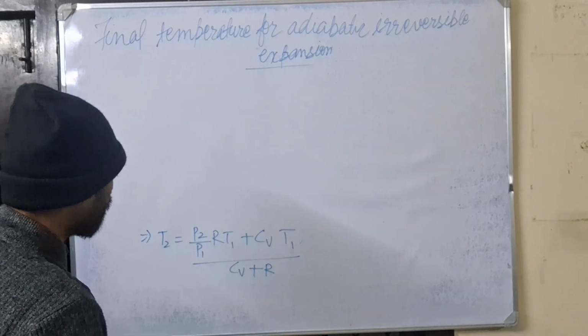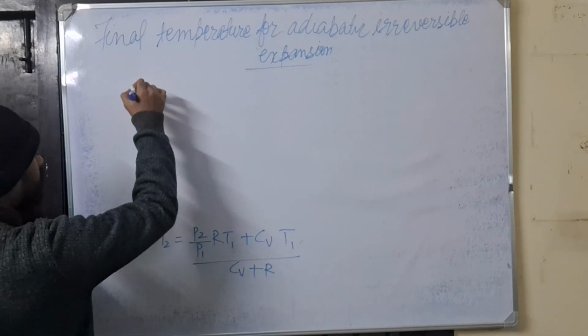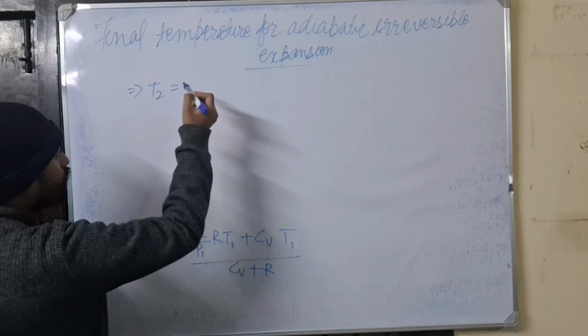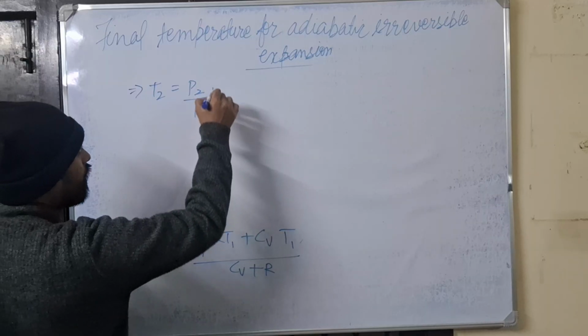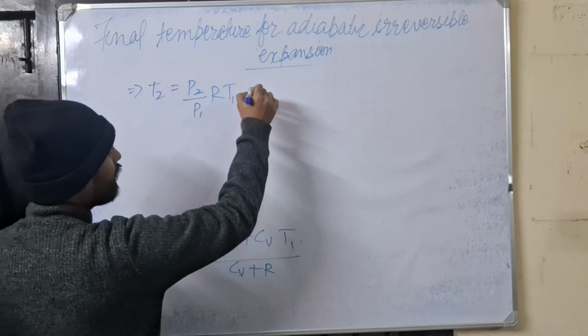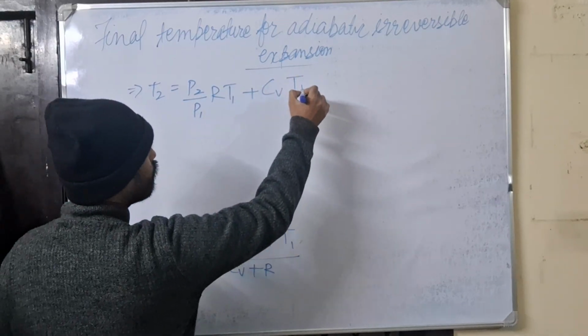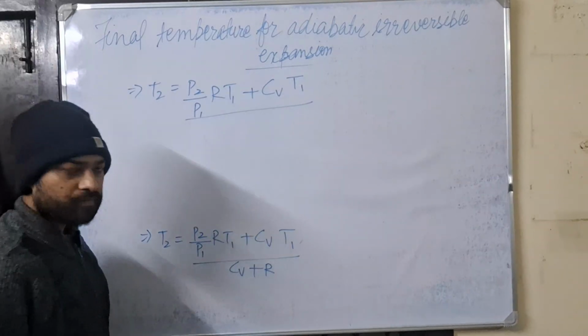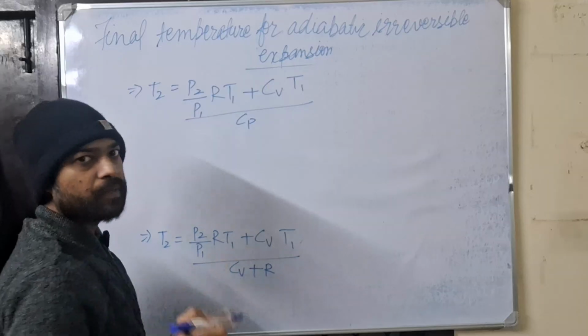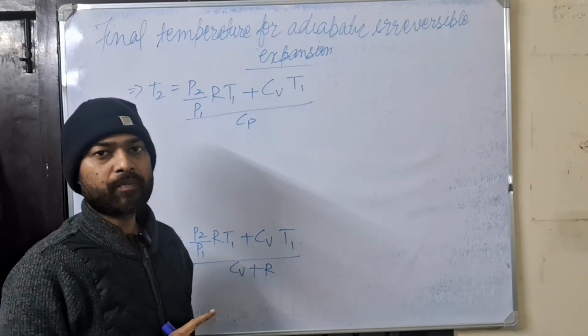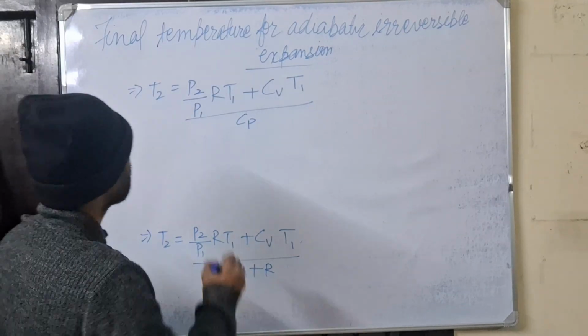Okay, now, so this becomes what? T2 is equal to P2 upon P1 R T1 plus Cv into T1 upon Cv plus R is equal to what? Cp. Since Cp minus Cv is equal to R, so Cp becomes R plus Cv. Correct.